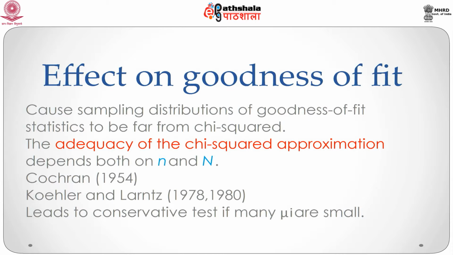Cochran in 1954 studied the chi-squared approximation in several articles. He suggested that to test independence with greater than 1 degrees of freedom, a minimum expected value of mu i equal to 1 is permissible as long as no more than about 20% of the mu i are less than 5.